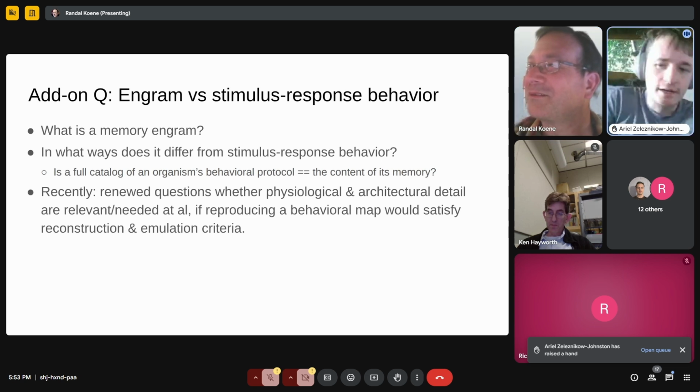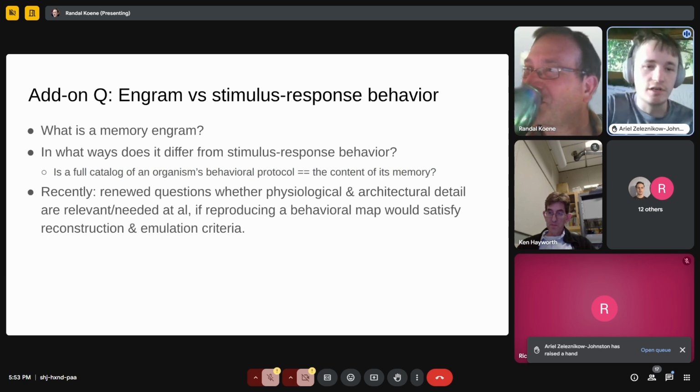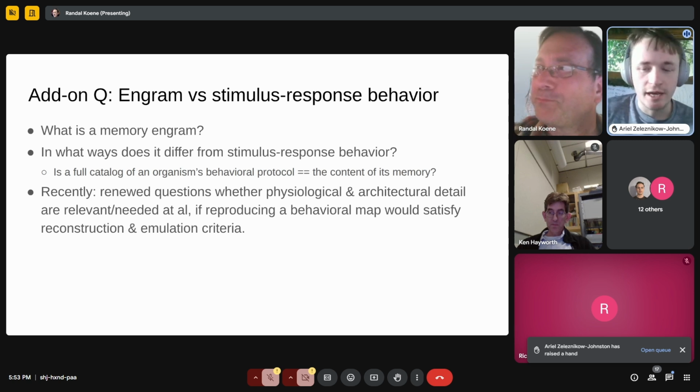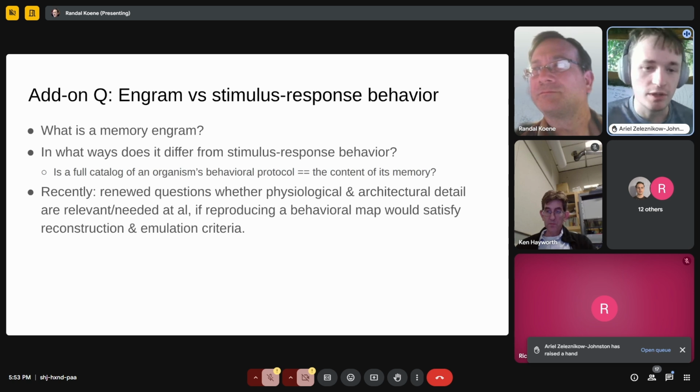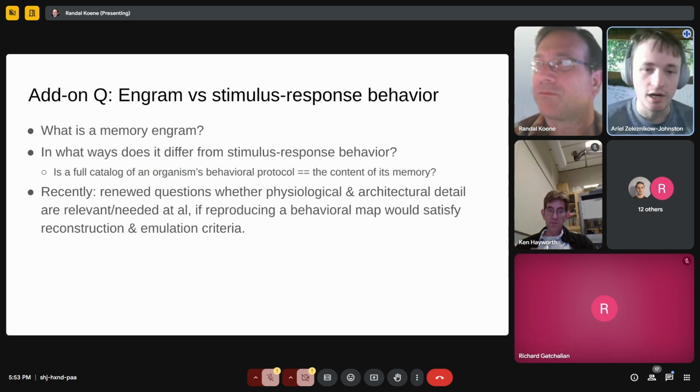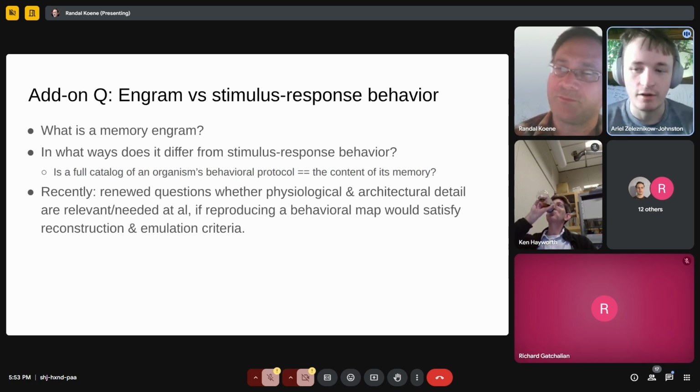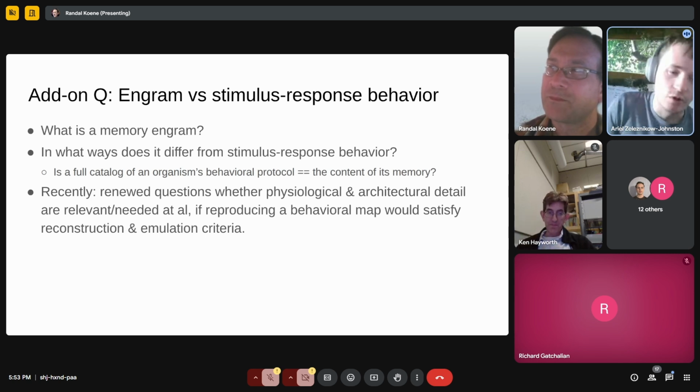So I think I understand the question if you're asking, would just having a list of behaviors that some particular organism does, and being able to reproduce those behaviors using an arbitrary architecture, count as successful reproduction of the memory behavior of that animal?